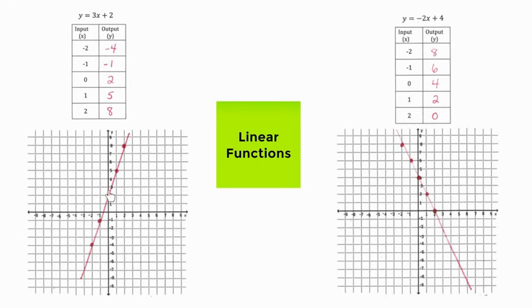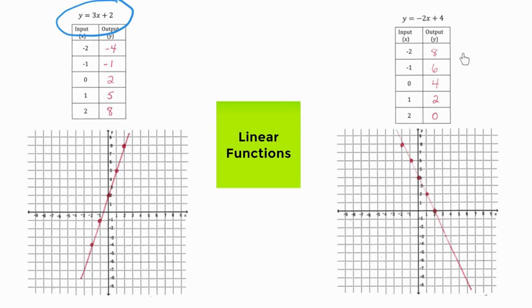It created a straight line or a linear function. So the equation that we have up here of y equals 3x plus 2 represents a linear function. And why? Because when we graph it, when we figure out the input and output values on our table and graph it, that equation represents a straight line, making it a linear function.